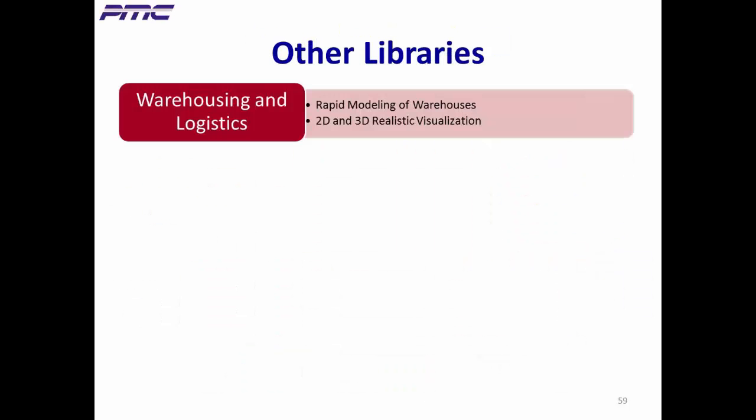We'd like to mention that other libraries are available for PlantSim that add special functionality to the powerful base features of Plant Simulation. The Warehousing and Logistics library provides numerous objects that slash the time required to build, analyze, and optimize a warehouse model. Visualization includes informative 2D icons and realistic 3D icons.